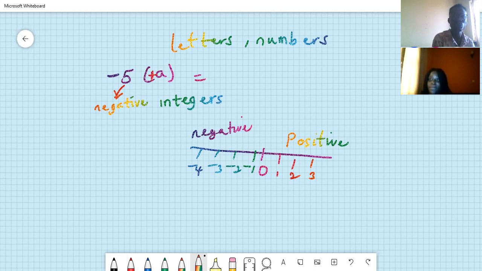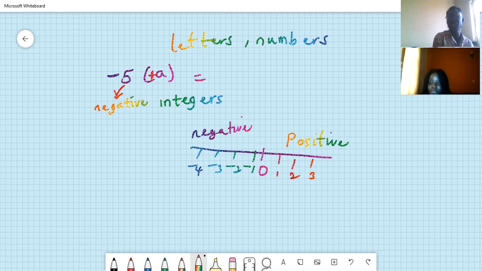Okay, so most times we always take into consideration integers here. So we can have a negative integer or a positive integer. The best way to quickly identify the positive integer is if they don't have a sign beside them, automatically you know that it's a positive integer. That was exactly what happened to this a. So it has a plus here, an invisible plus.